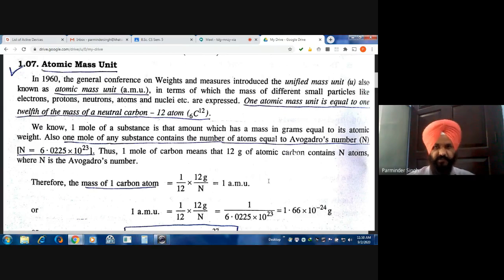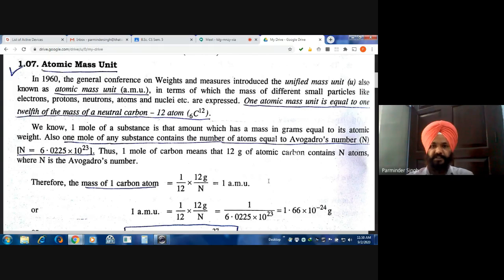These are the number of atoms present in 1 mole of a substance. So 1 mole of carbon, meaning 12 gram of atomic carbon, contains N atoms. N is the Avogadro number. So we can easily calculate the mass of one carbon atom.